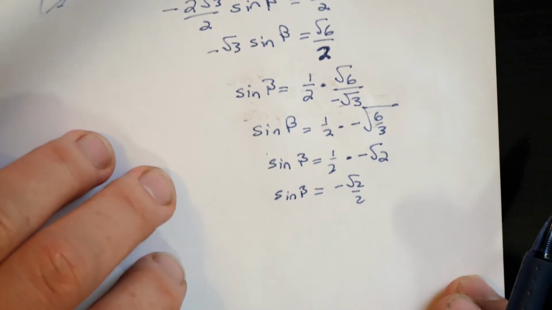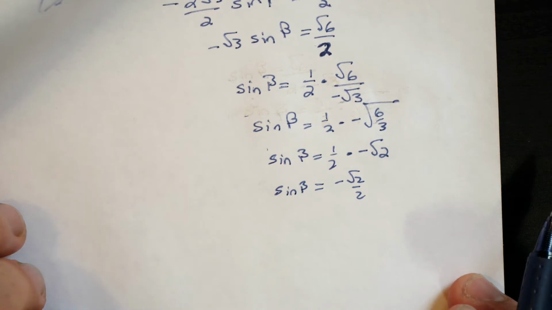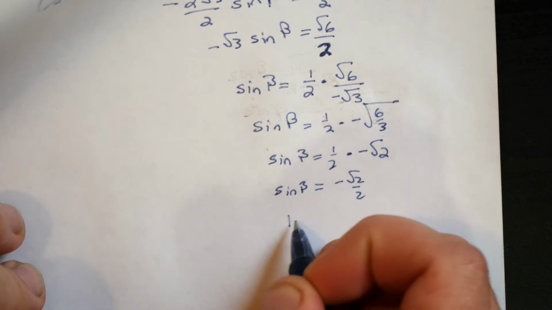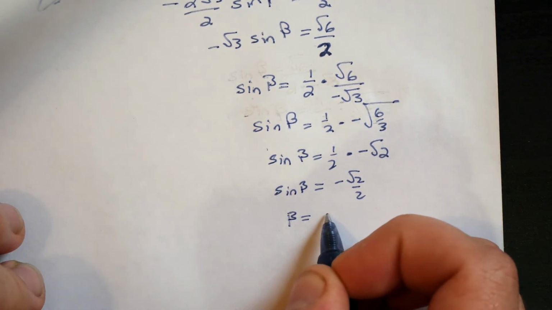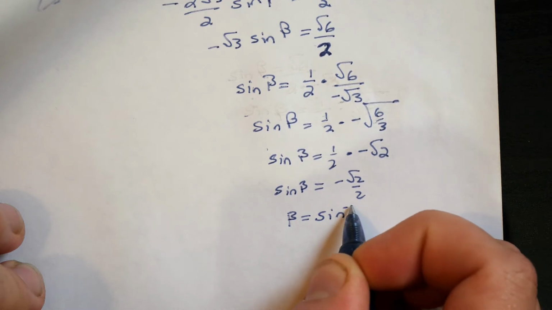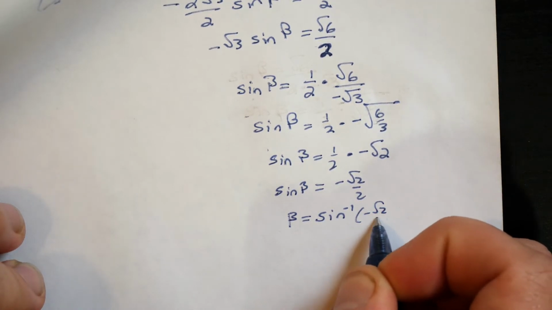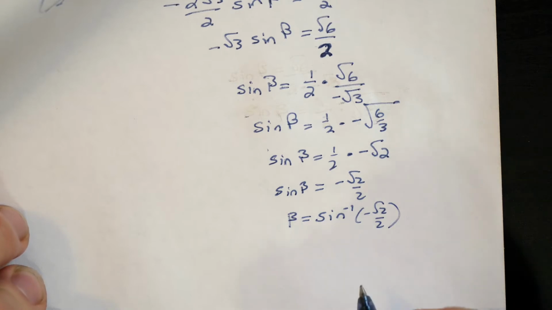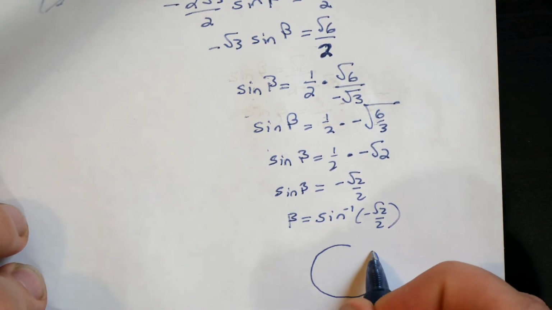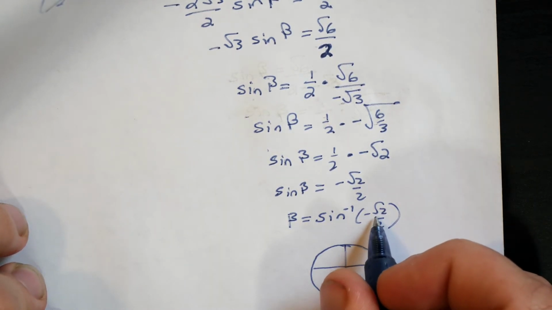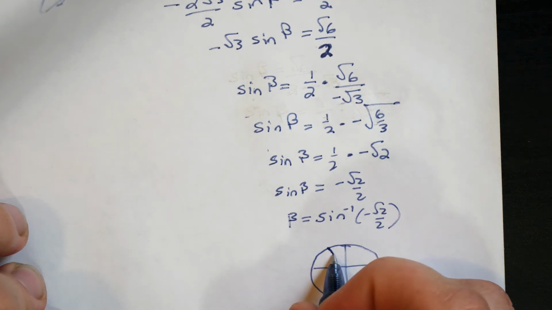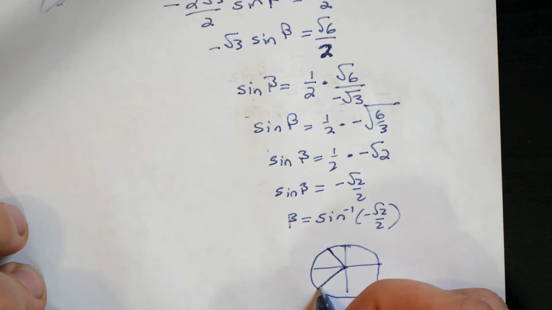Now, I take the sine inverse of both sides, so I get beta equals sine inverse of negative root 2 over 2. Now I'm just looking on the unit circle. This is negative root 2 over 2, so I knew I either have to be here at that 45 or at this 45.